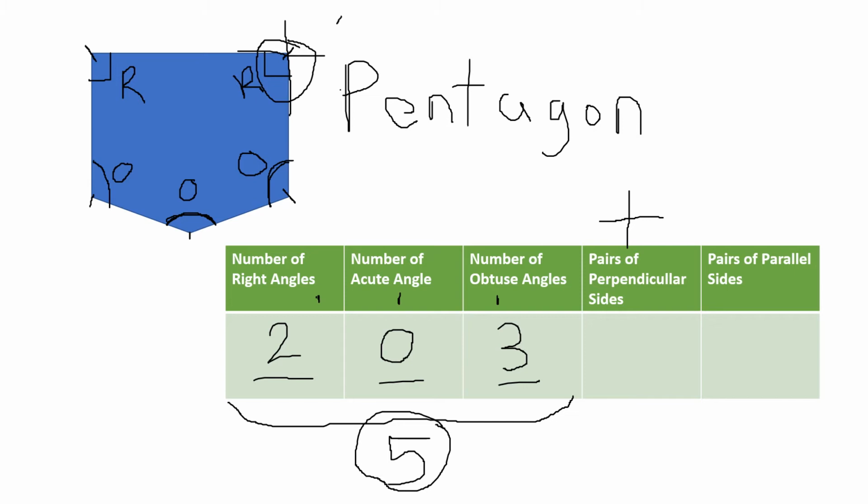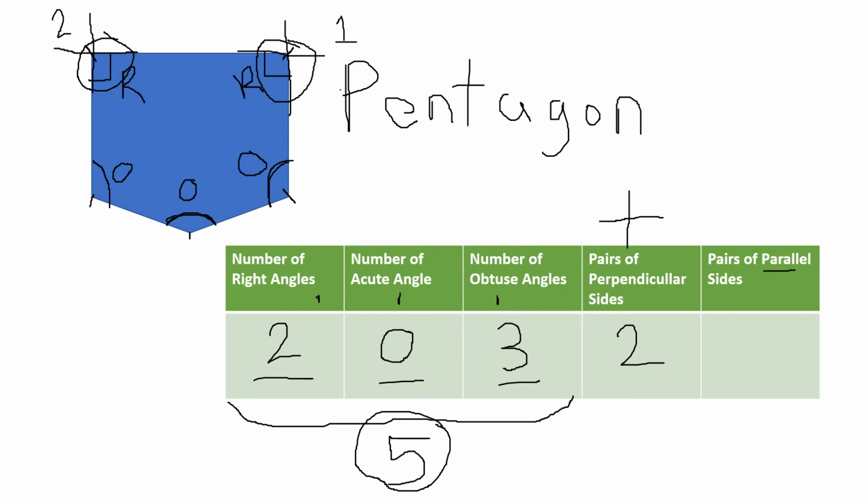So that's one pair of perpendicular sides. Over here, I have another right angle. I have 2 sides that form perpendicular lines. So on this pentagon, I have 2 pairs of perpendicular sides. If you have a right angle, you will have perpendicular sides.